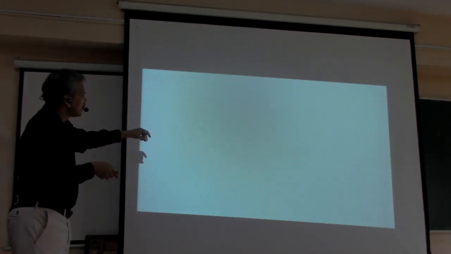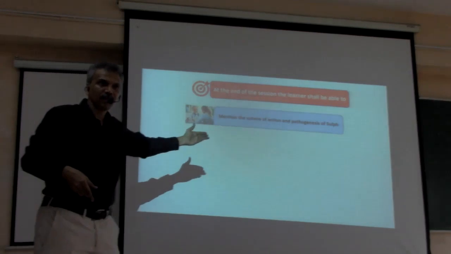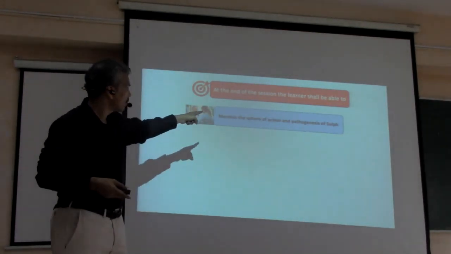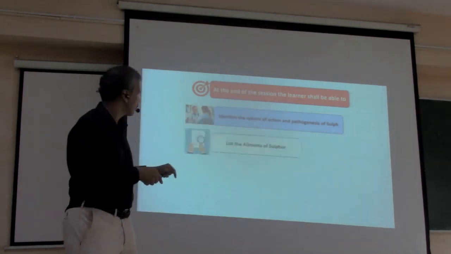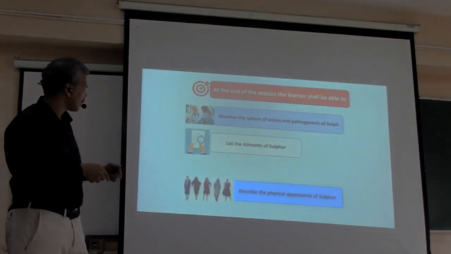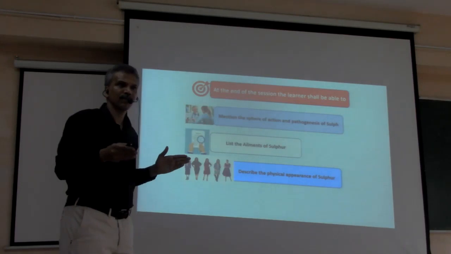What I want to discuss in the next few minutes is, the first objective, we will be looking at the sphere of action and pathogenesis of sulphur. That will be my first objective. Then we will be listing the ailments of sulphur and, very important, how sulphur looks.